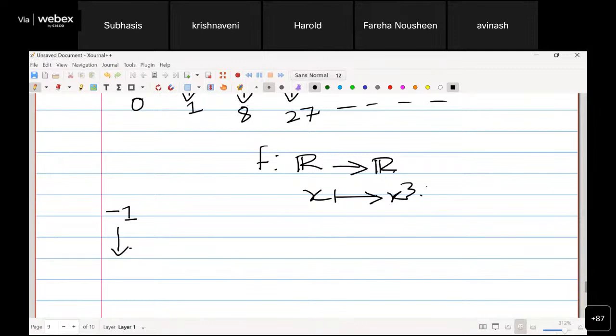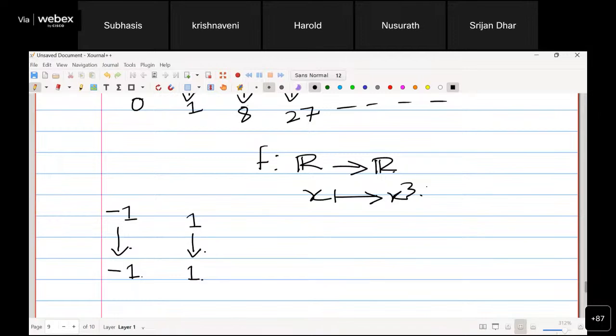The function is injective. What is the image of minus 1? Minus 1. What is the image of 1? It's 1. So again, this will not work, right? Tell me why this is injective.